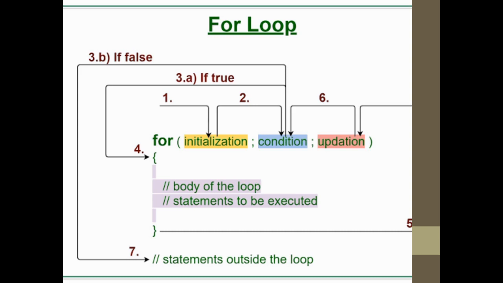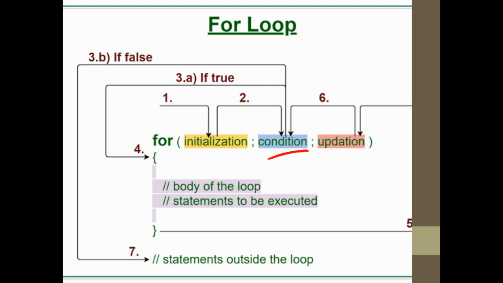Okay, so the second step is the condition. After initialization, we check whether your variable satisfies the condition or not. How do you give the condition? Just as in the example of printing the numbers 10, 20, 30, you initialize your variable with value 10, but now you have to give the end point of the for loop, where you want to stop it.